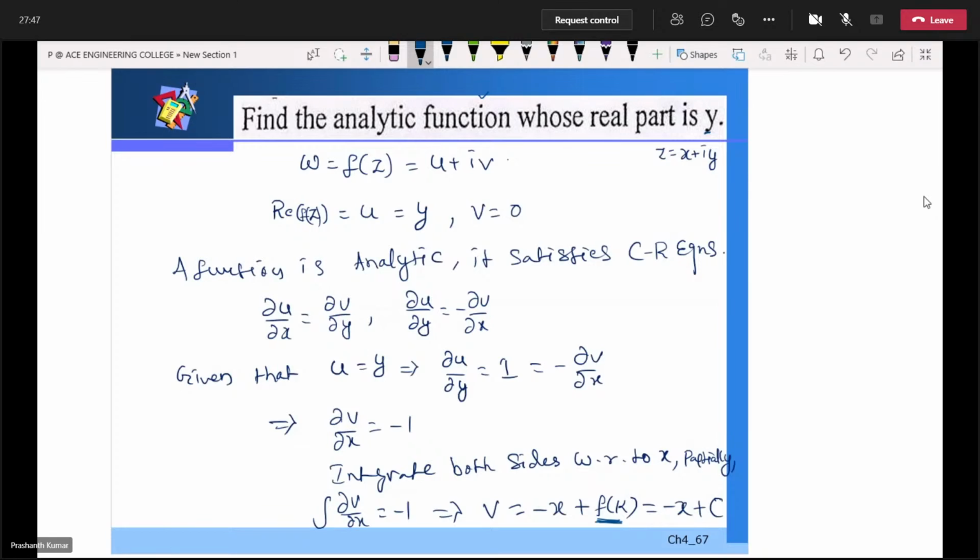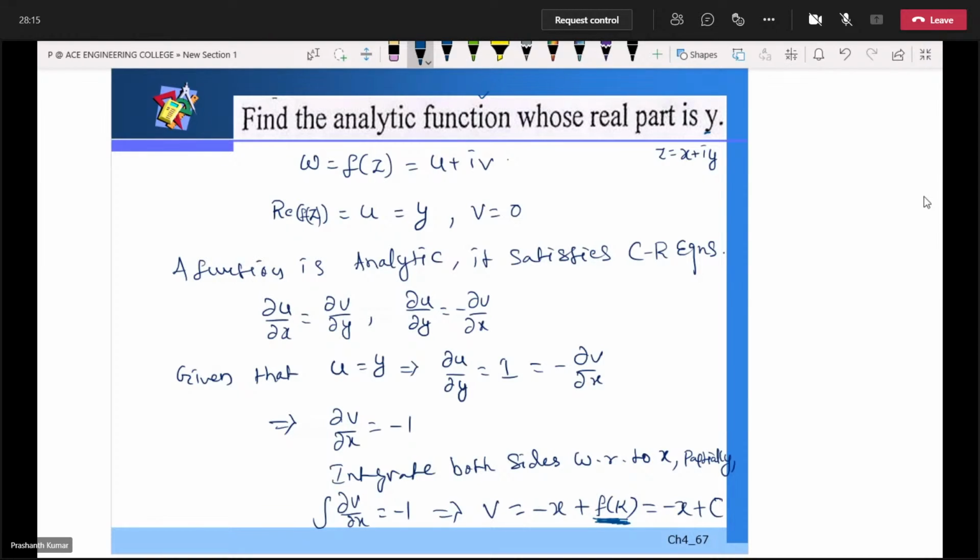But you have the Milne-Thomson method. How we remove this partial arbitrary function, we will discuss in Milne-Thomson's method. So in the next class, I will discuss the Milne-Thomson method. By that, we complete half of the complex analysis part.